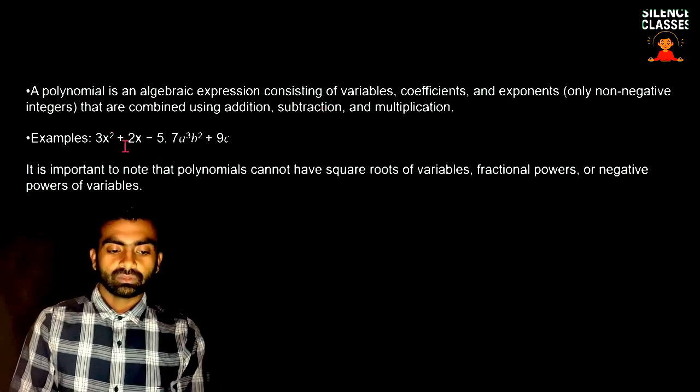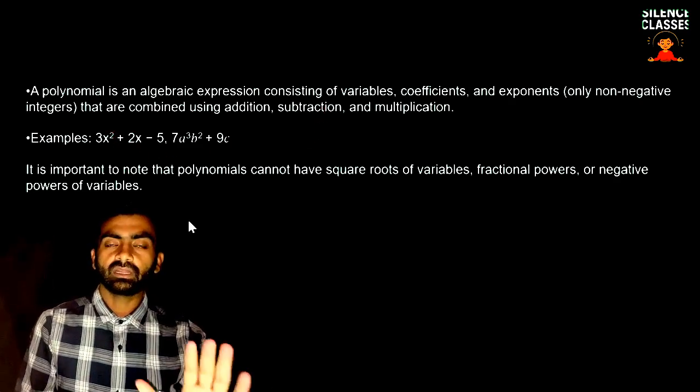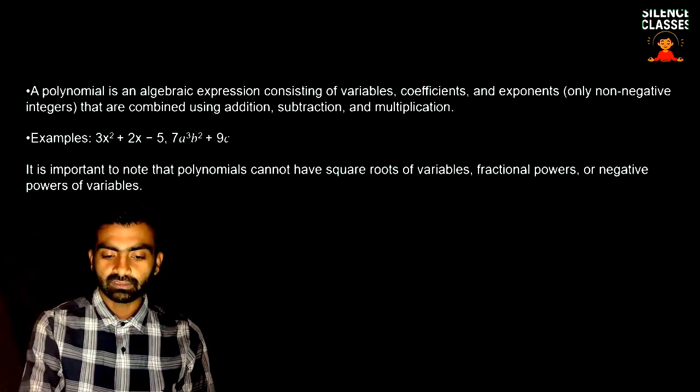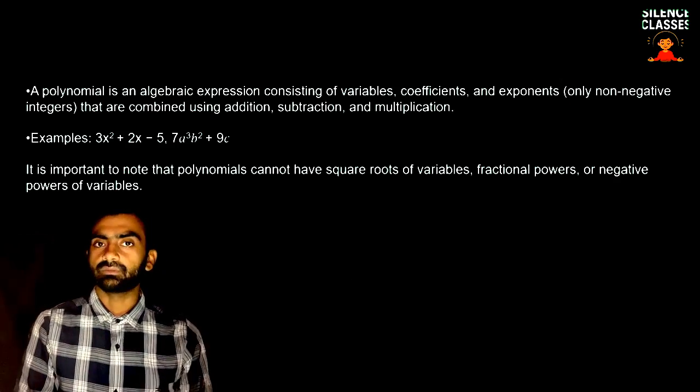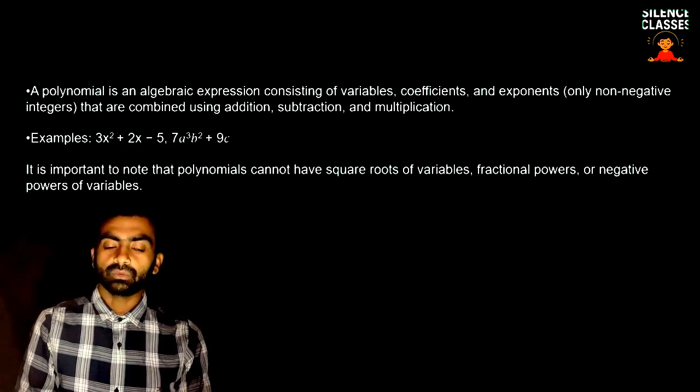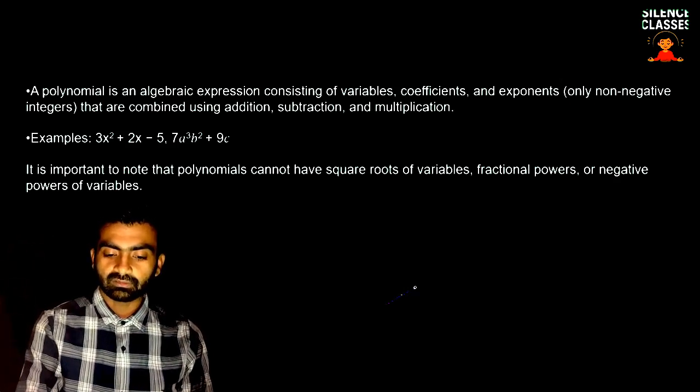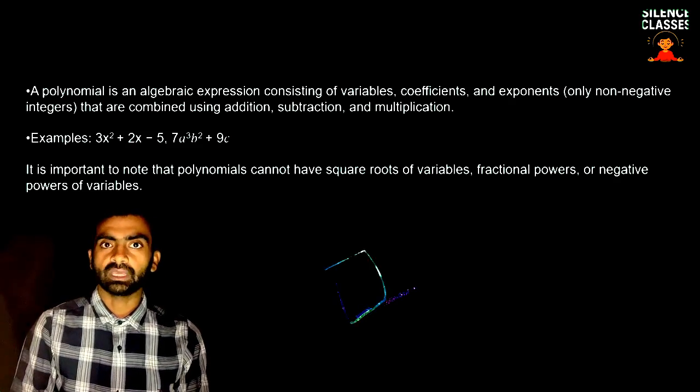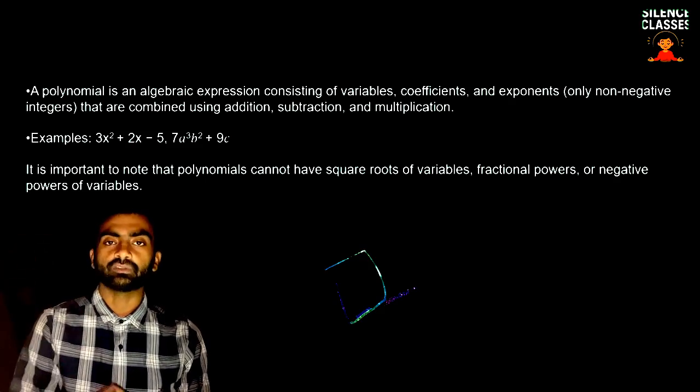What is written over here, 3x square, is a term. Now you know that over here this is a variable, and this 3 is known as the coefficient of x square.